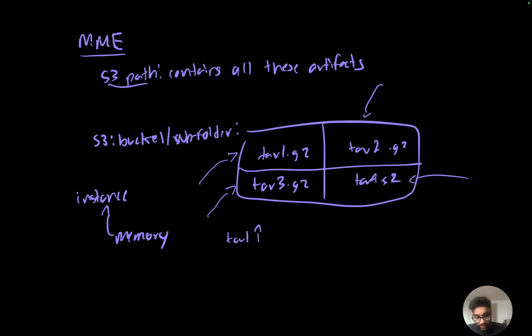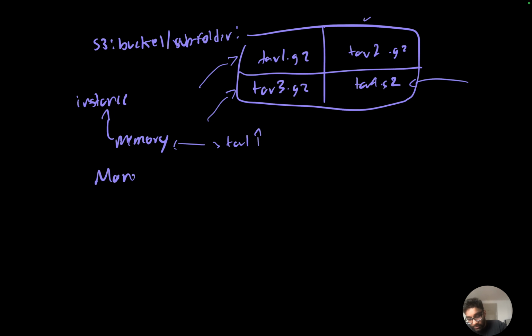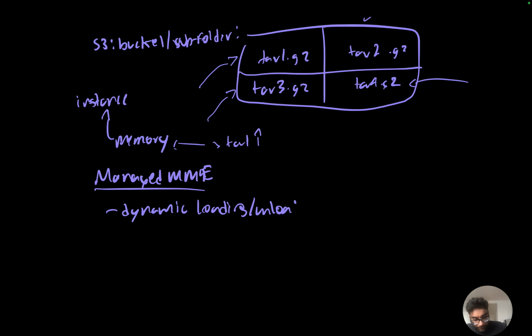What MME does is it dynamically loads this into memory for you, and it will make more copies of this model across your compute instances if it notices that it's receiving a lot of traffic. And then let's say tar2 is never hit, then it gets unloaded out of memory and that frees up some space on your instance, right? So the managed part of MME that you really want to take away from this is there is dynamic loading and unloading of models in and out of memory.